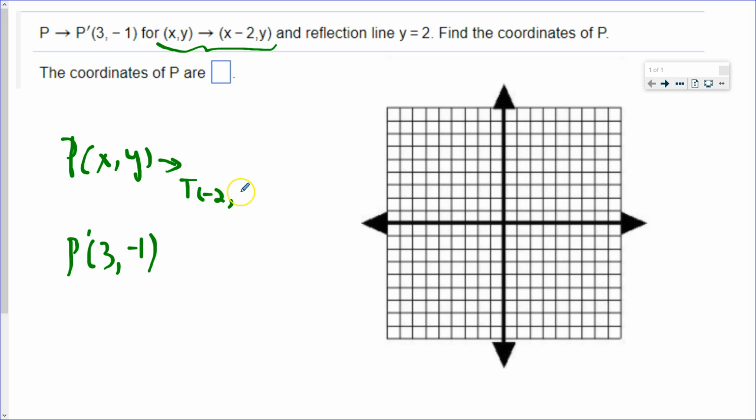Y stays the same, so it's just going to be 0 right over here. They will do this translation to this point P, and after that they are going to do a reflection with the line equal to -2, and then you end up with your P prime. So basically that's the whole procedure of what happened.